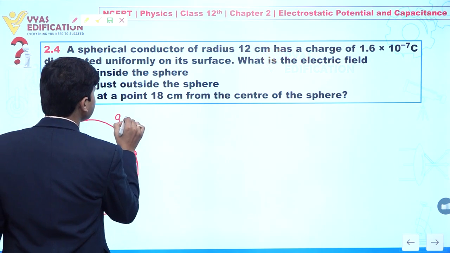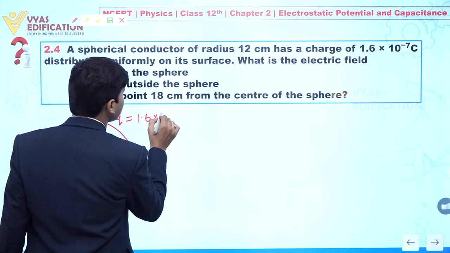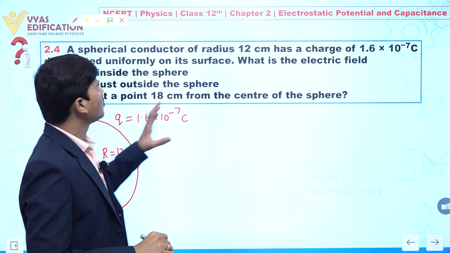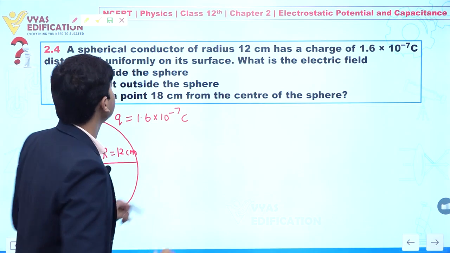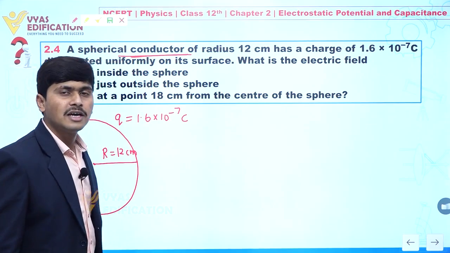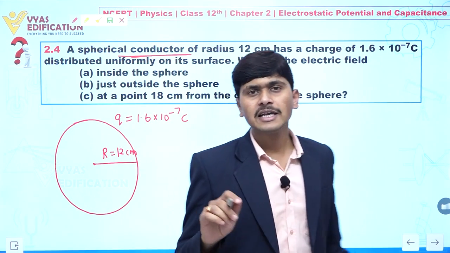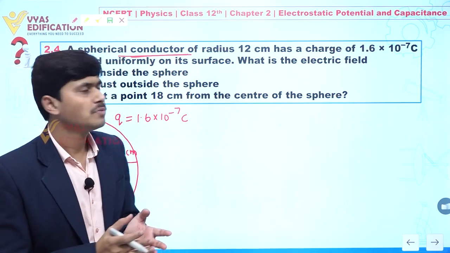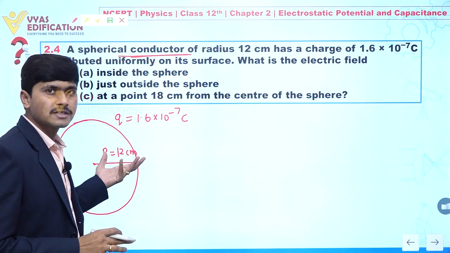So the charge given to you is 1.6 into 10 to the power minus 7 coulomb. It is distributed uniformly on its surface because it is written here spherical conductor. Always keep in mind, if it is written spherical conductor, it means whatever charge you provide on the sphere will be equally distributed on the surface, yes or no.